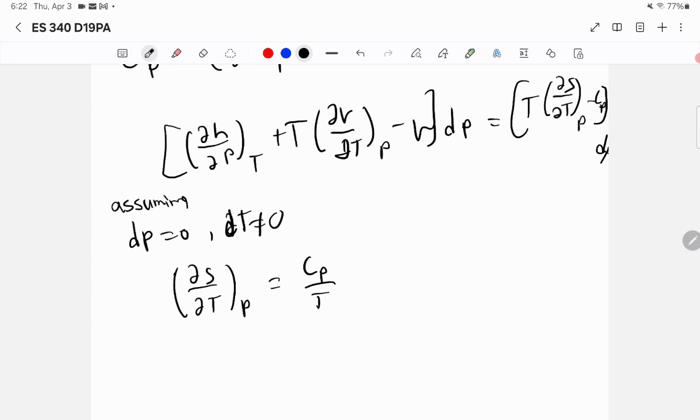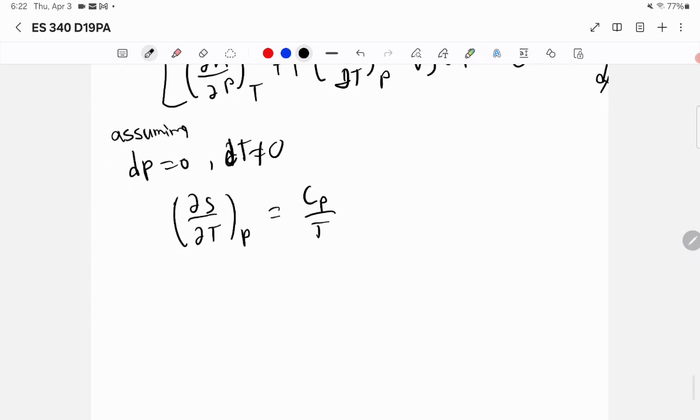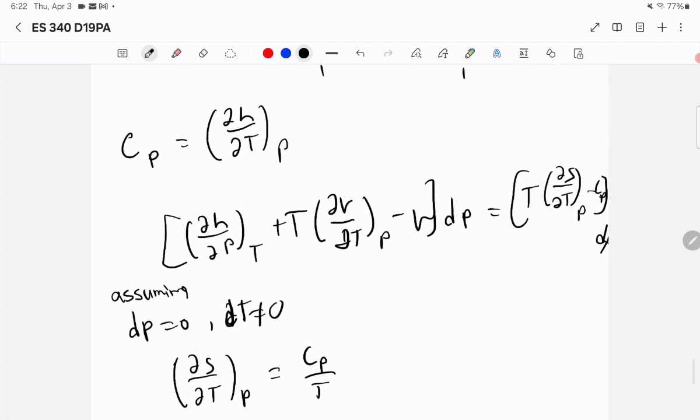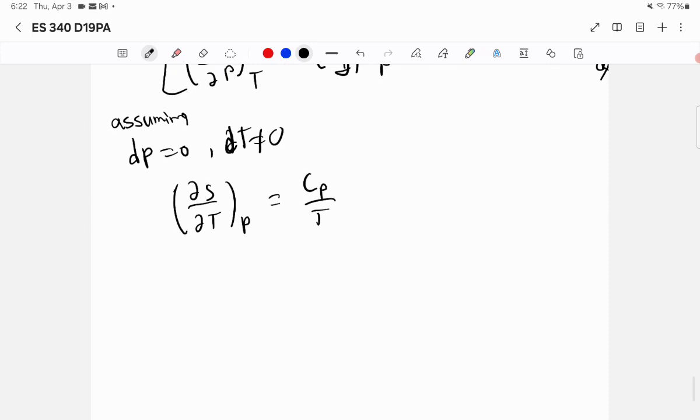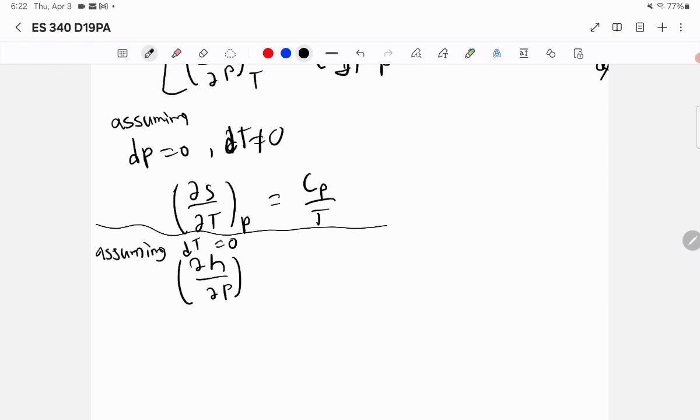Except now this is not related to the internal energy, but it's related to the enthalpy. And then, of course, assuming dT is equal to 0, but dP is not.